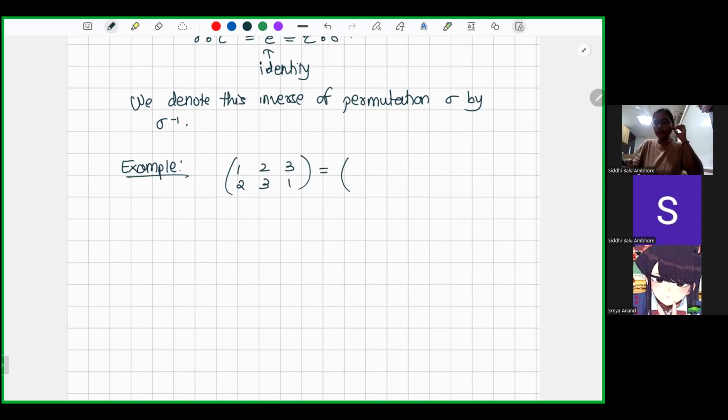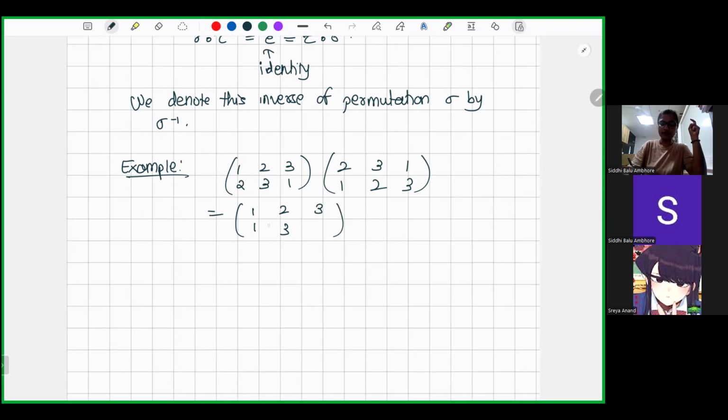We want a permutation such that when I compose it with that permutation, I get the identity permutation. For example, if I reverse these two rows, I will get this.